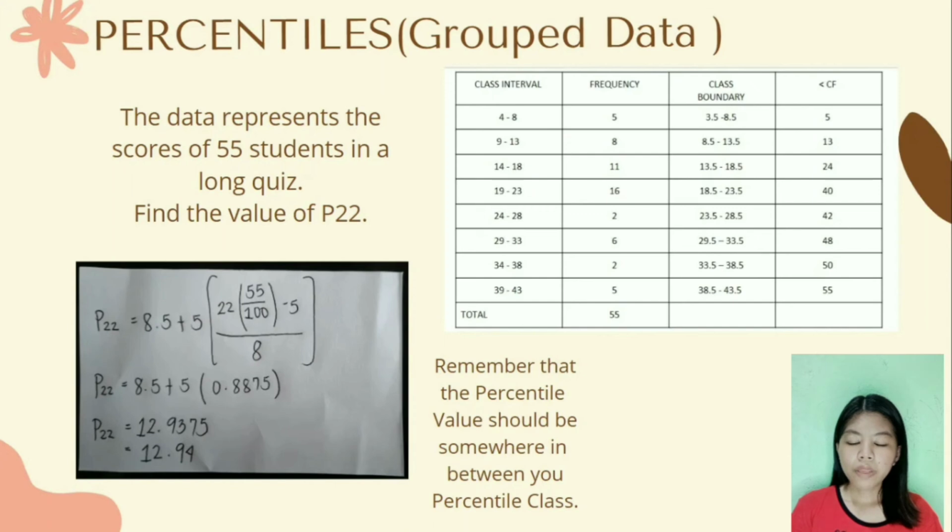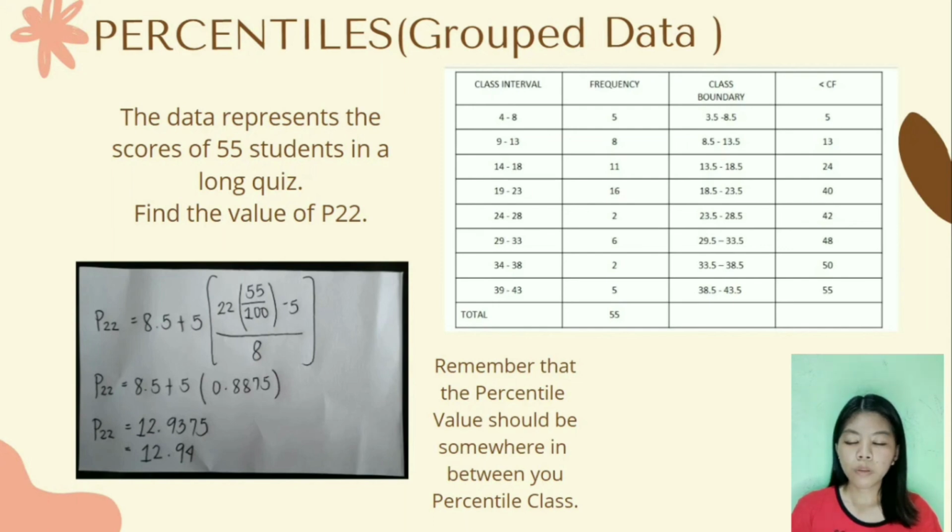The next step is to substitute the needed value in using the P sub 22 formula. And for us to get the correct answers, we need to always follow the PEMDAS rule. So, P is equal to 8.5, which is the lower class boundary of the percentiles class, plus 5, which is the class size, open and close parentheses 22, which is the value of percentiles that we need to find.